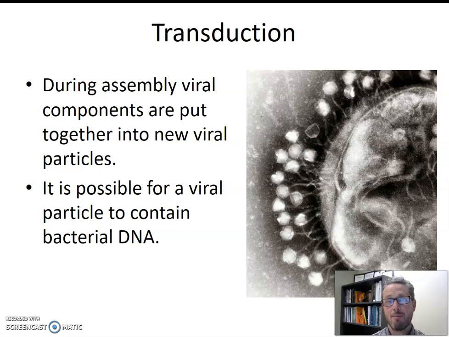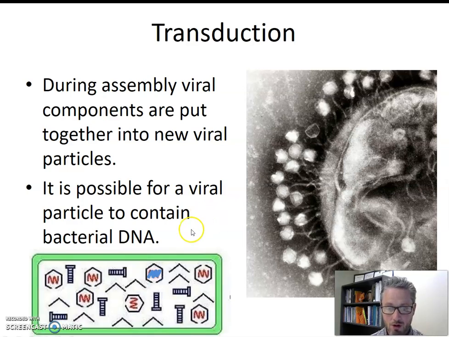So mistakes happen during assembly, and some viruses contain bacterial DNA. Again, there's bacterial DNA floating around in the cytoplasm because it was cut into small pieces during synthesis. So if we look at our diagram, during assembly, these pieces are starting to get put together.